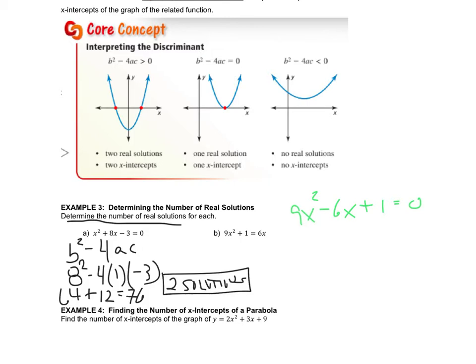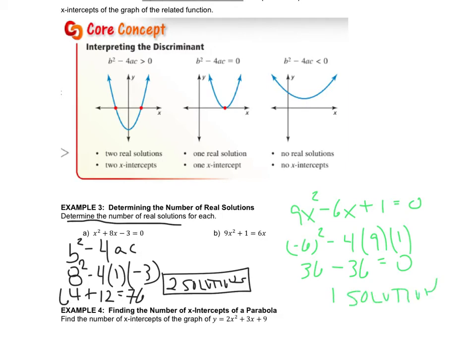I'm going to focus on the b squared minus 4ac. The b is the negative 6, minus 4 times 9 times the c, which is a 1. Negative 6 squared is 36, minus 4 times 9 times 1 is 36. You get a 0, so there will be 1 solution.